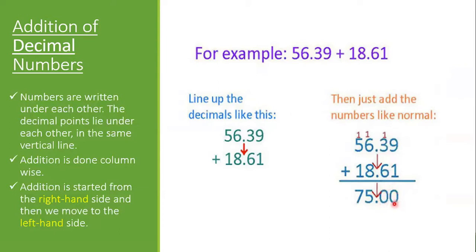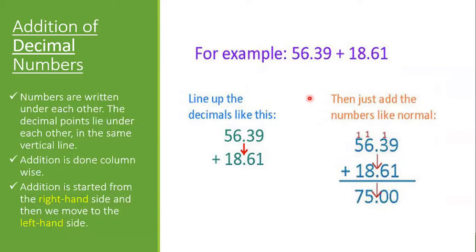We write 0 here and 1 carryover on 6. Now the sum of 1, 6 and 8 gives 15. We write 5 here and 1 carryover on 5. So the sum of 1, 5 and 1 gives 7.